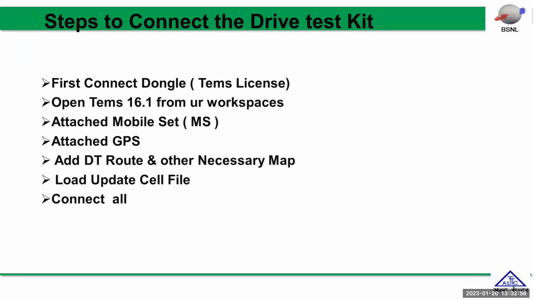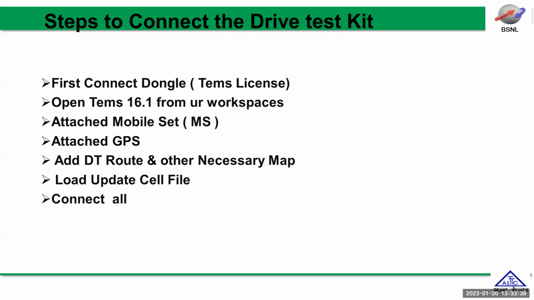The cell file is the information that any operator, BSNL or any other, has about their BTS, their cell, their CGI, their frequency. There is a specific format for that cell file. The cell file should be uploaded on the drive test tool so that it will visualize all the cells on the map.